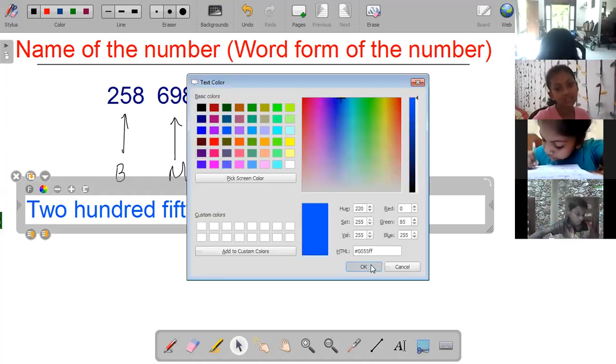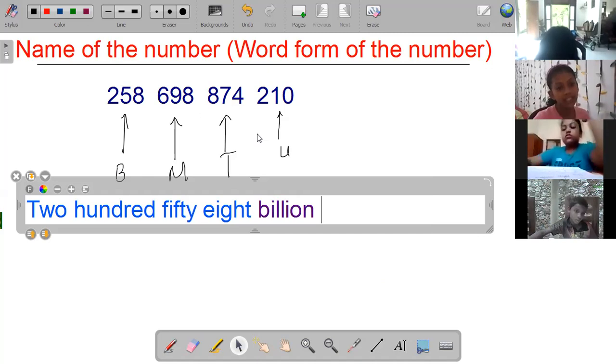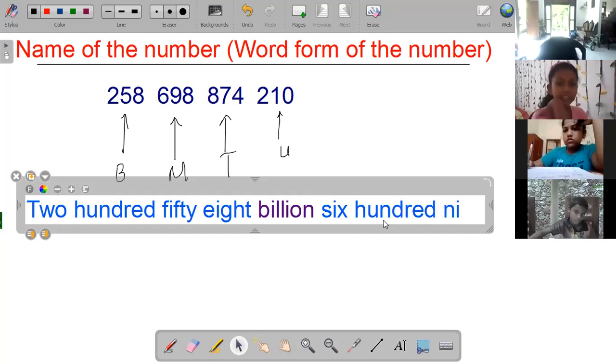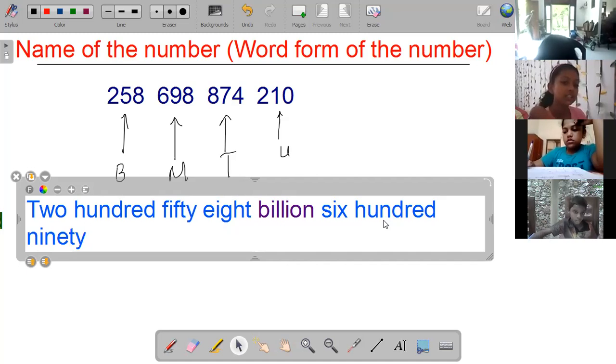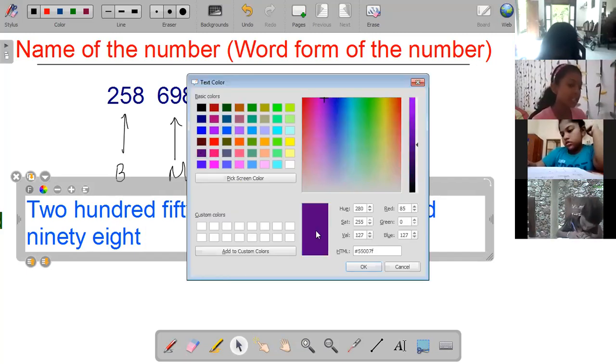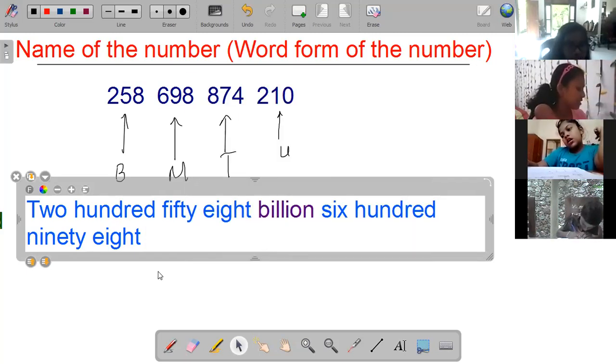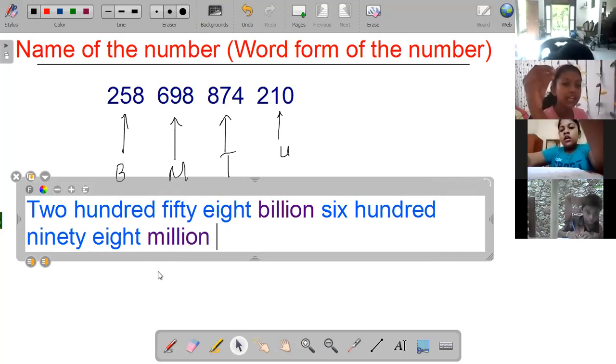What's the next period? 698. Then you have to write the period name. What's the period name? Million. 698 million.